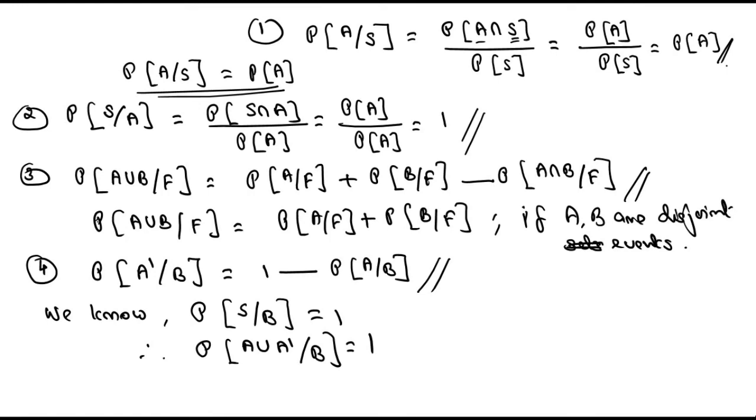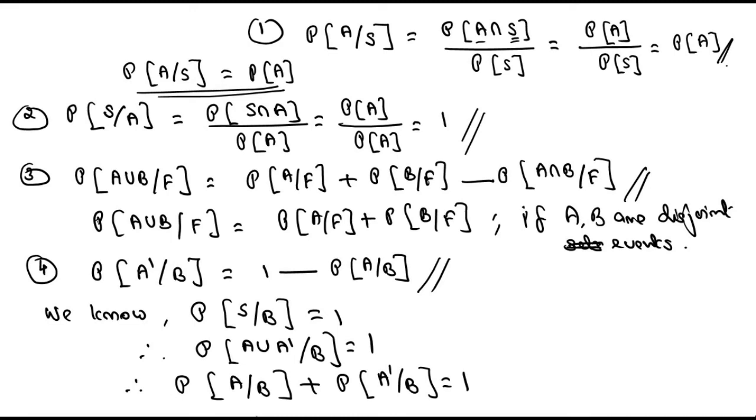But probability of A union A complement given B we can write as probability of A given B plus probability of A complement given B equal to 1, since A and A complement are mutually exclusive events.